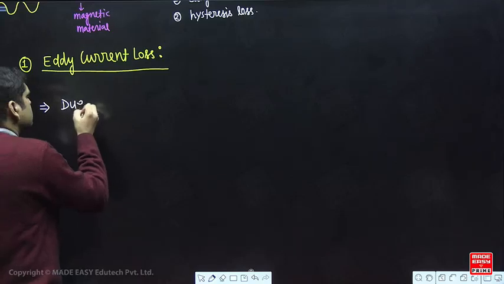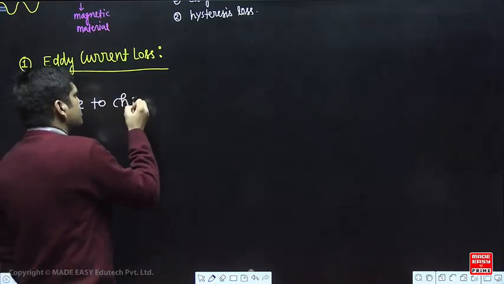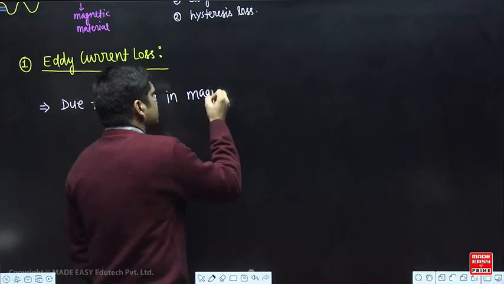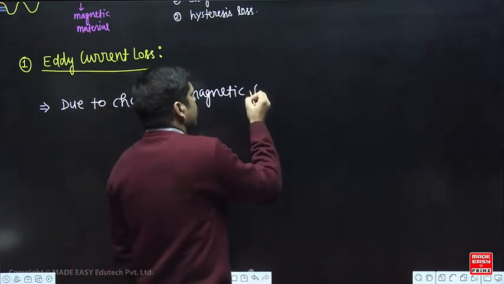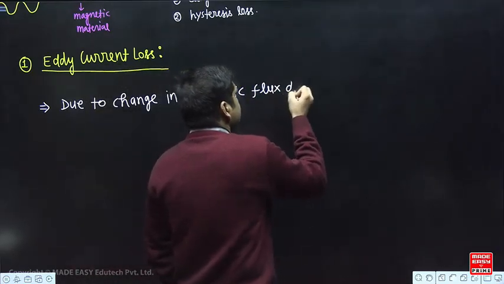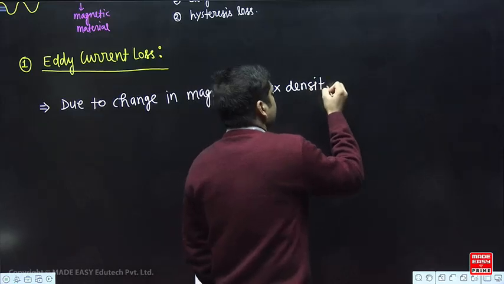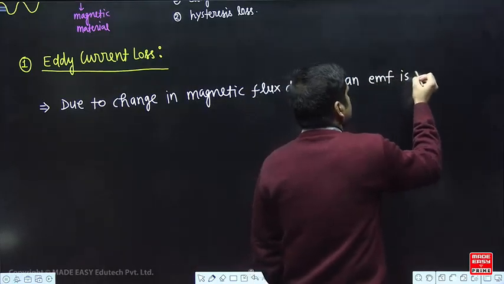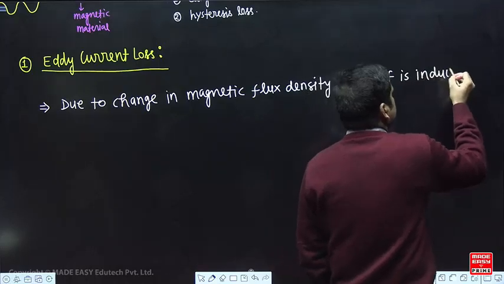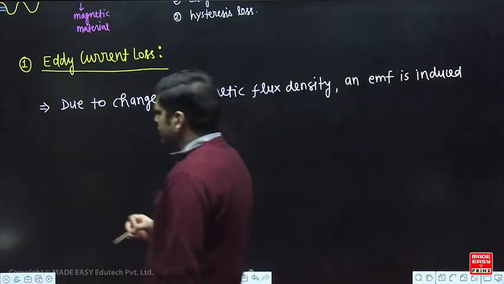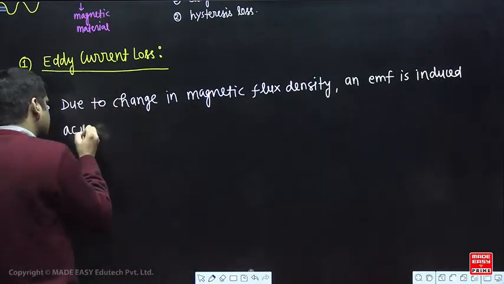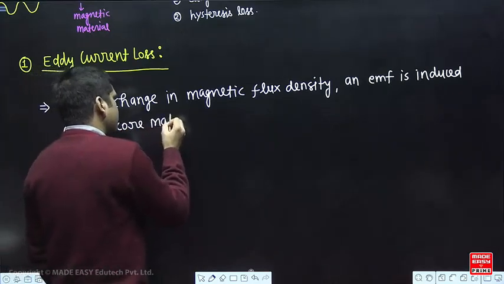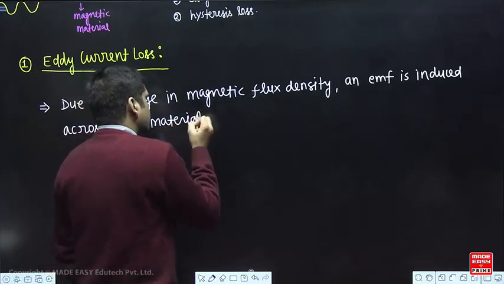Due to change in magnetic flux density, an EMF is induced across the core material.